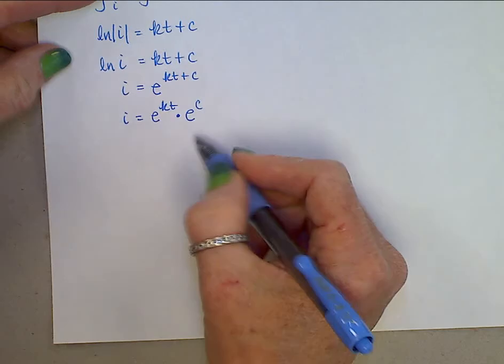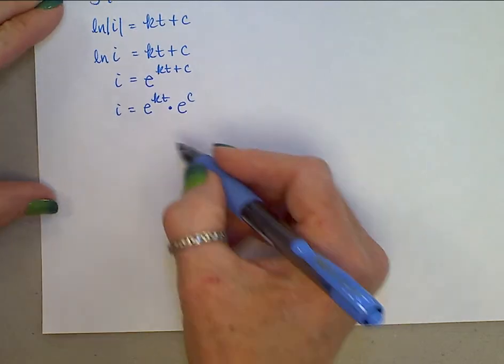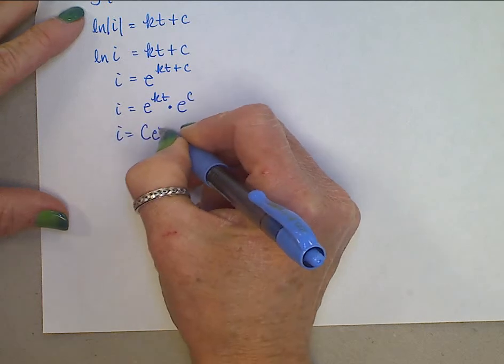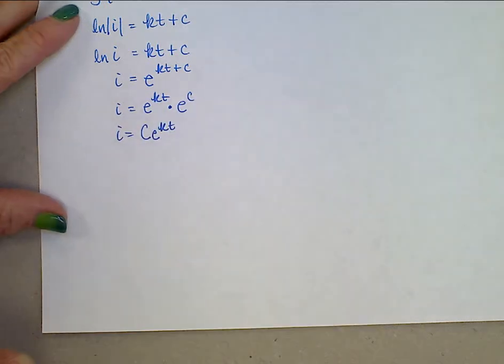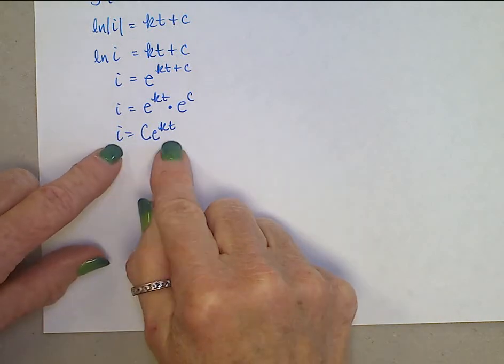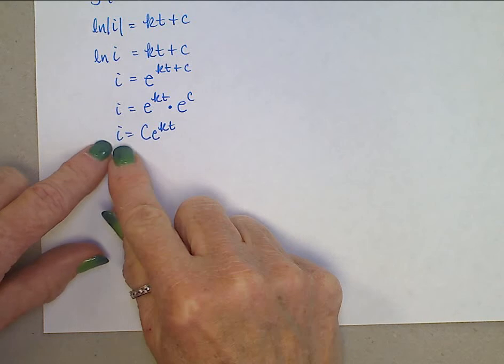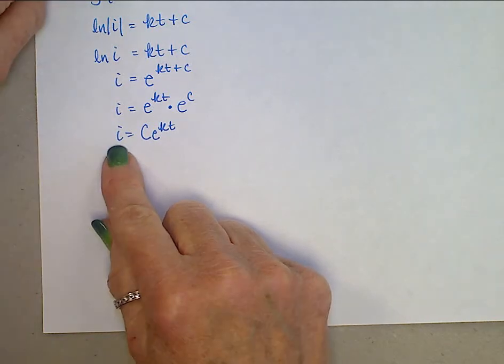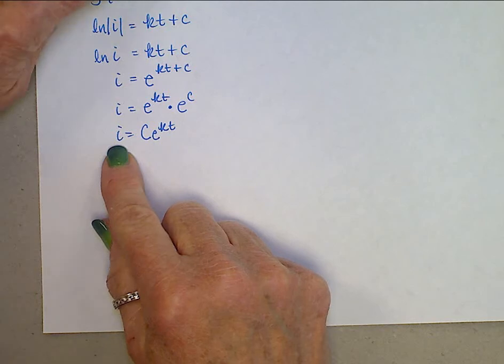Oh, and there's a constant again. So we have I is c e to the kt. Oh my, doesn't that look exactly like the one on page 3? Except we have an I here instead of a y. We started off with the same thing with a y, an I instead of a y.